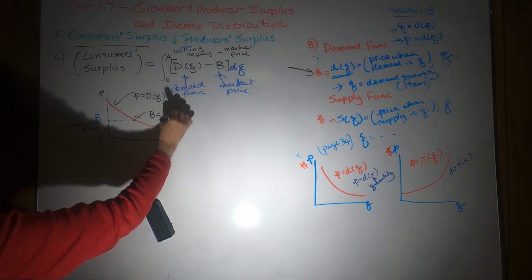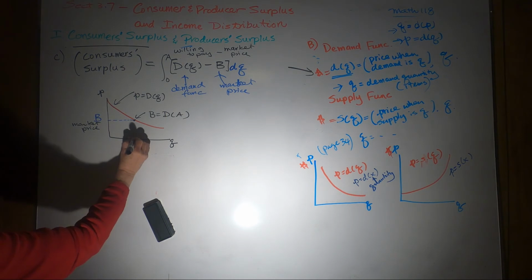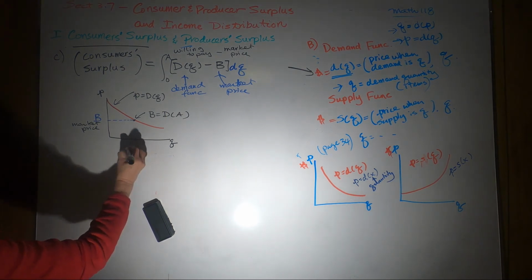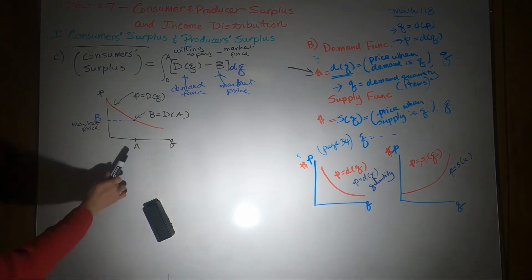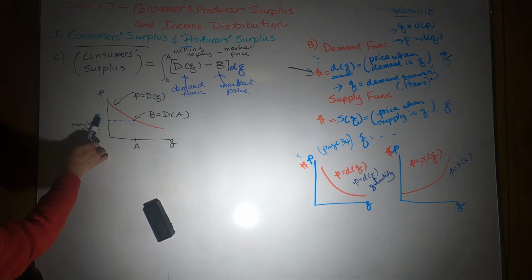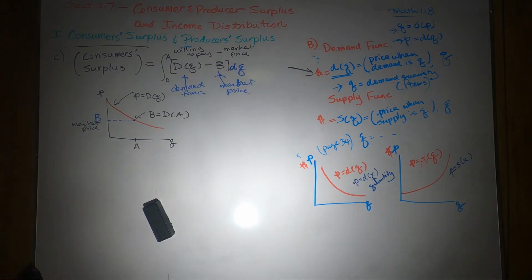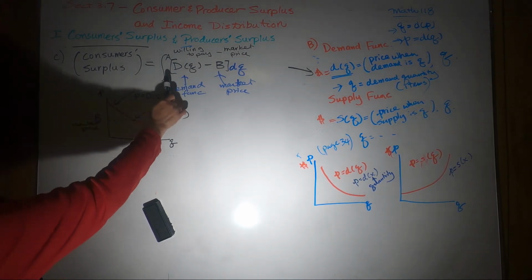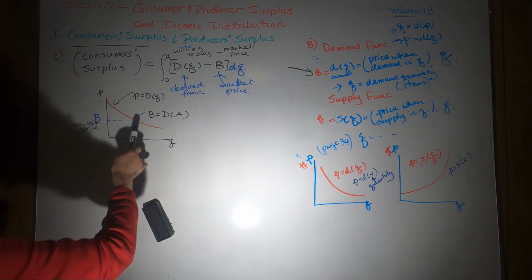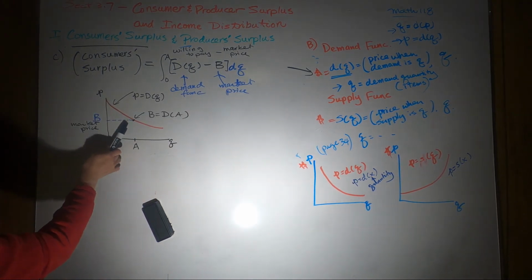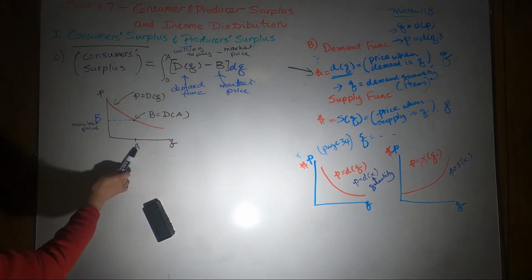B is D of A, because at this point, we say that's A. Okay, how many quantities will be sold at the market price, right? Then if we do accumulation according to the quantity sold up to a point, right?